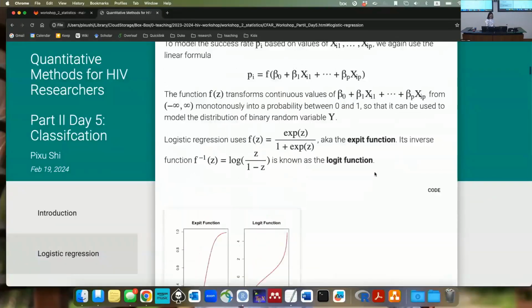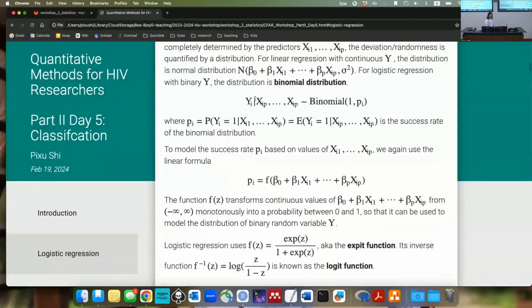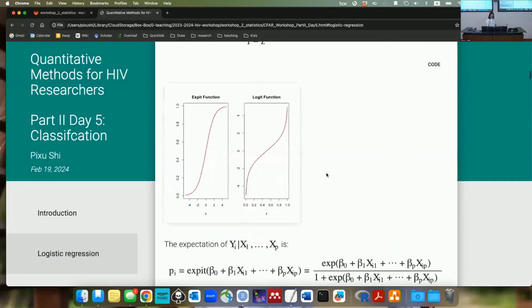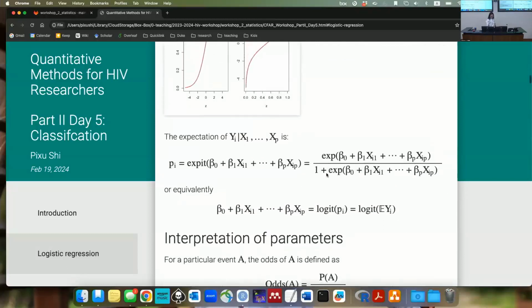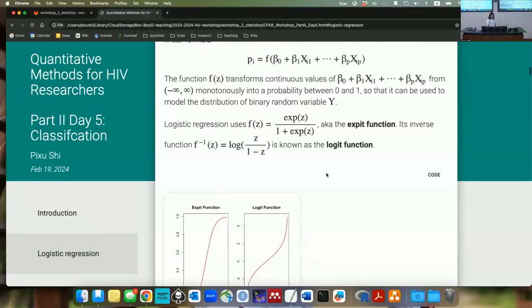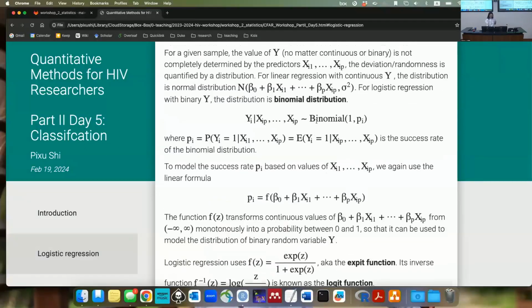So the model setting is actually assuming you are observing a random realization of a probability, and that probability is connected to the predictors. For a 0 and 1 valued outcome, the binomial distribution is also called the Bernoulli distribution.